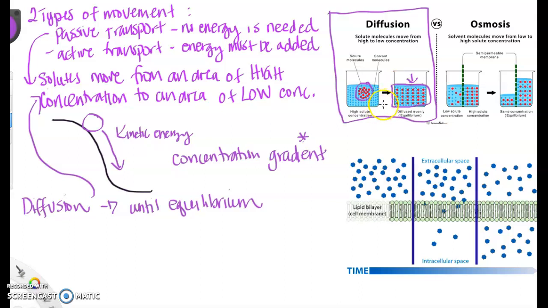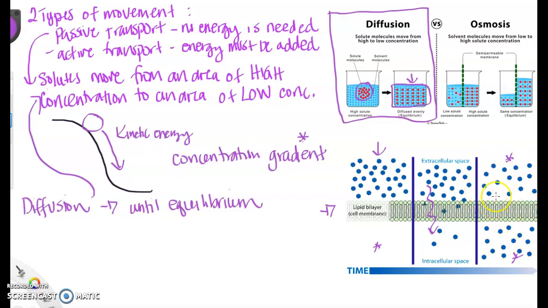Okay, so in a cell that we're showing here, this is diffusion. So here's my solute in a high concentration, and there's none here. So the solute moves or starts to move into this area until it's equal.